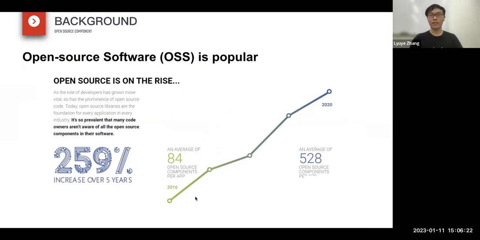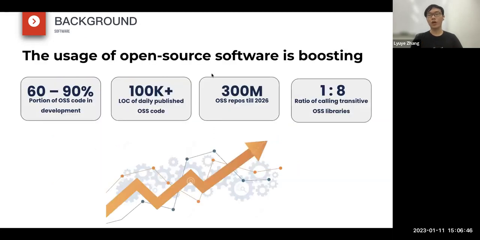We can see from this chart that from 2016, there were on average 84 open source components per app, increased to over 500 in 2020. So it increased 259% over 5 years. You can see the usage of open source software is boosting.